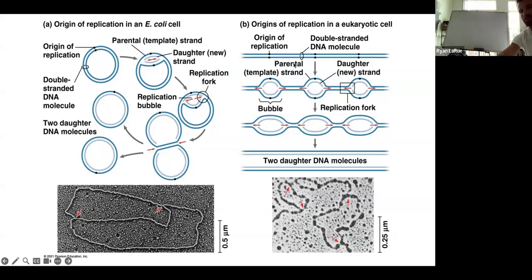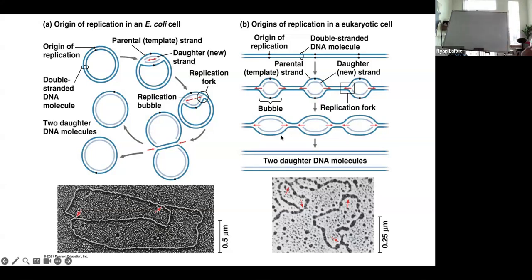As you can see here, you've got multiple sites where the DNA is being replicated. You'll end up with two identical daughter DNA molecules, but you're starting along the DNA molecule at different places, okay? And eventually they actually fuse together.